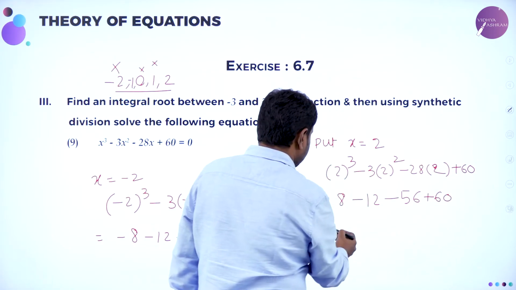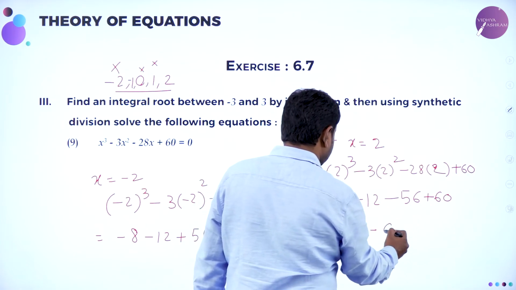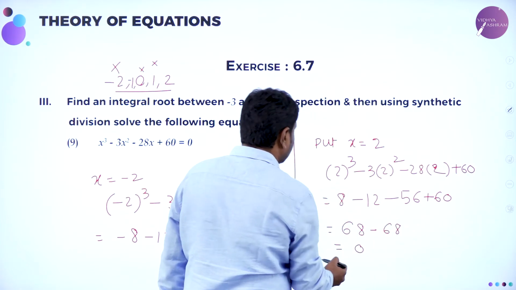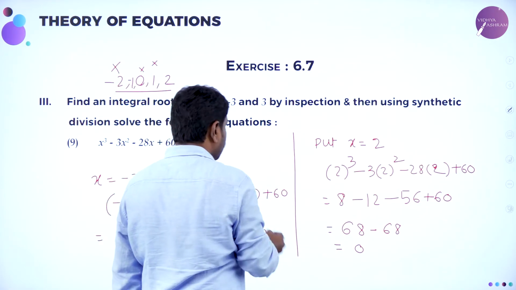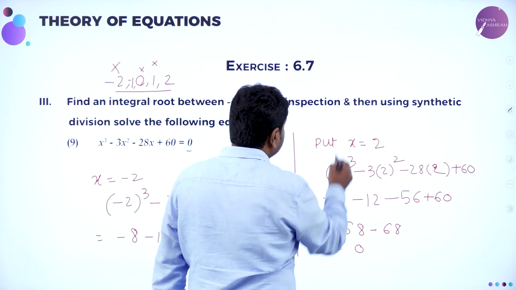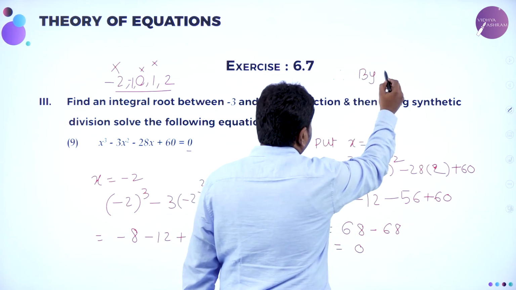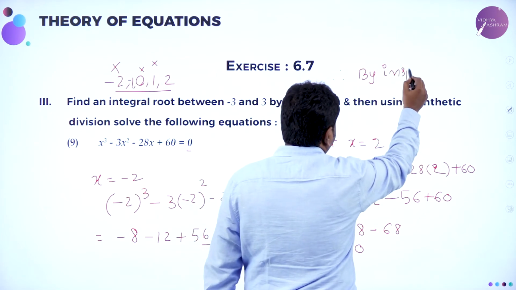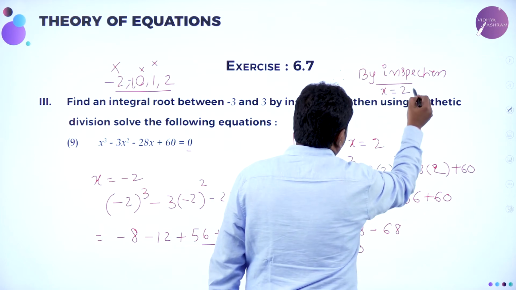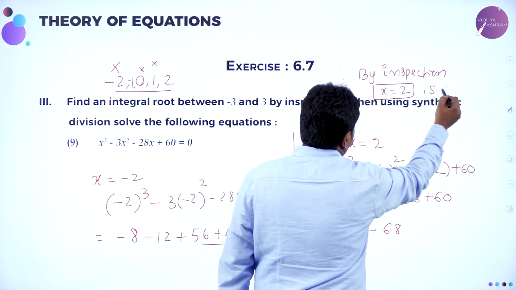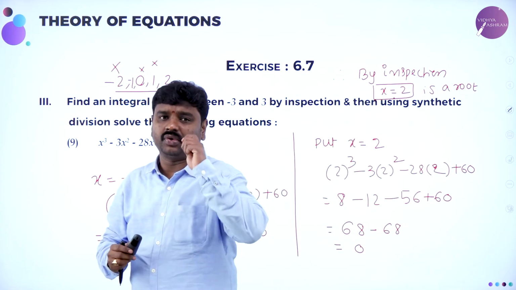See here, 60 plus 8 is 68, positive numbers, and this will give you minus 68, so it gives you 0. So therefore we got it. When I tried x is 2, I am getting RHS 0. So therefore by inspection you got one of the roots. Therefore you can write the conclusion. By inspection, x is equal to 2 is a root. So now we got one root by inspection as they wanted.